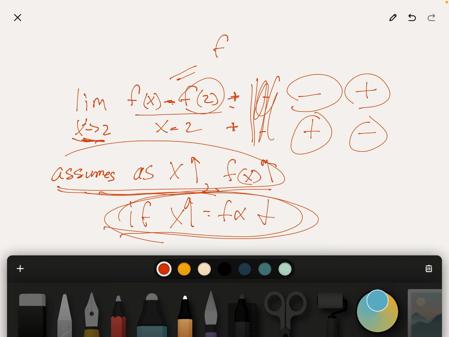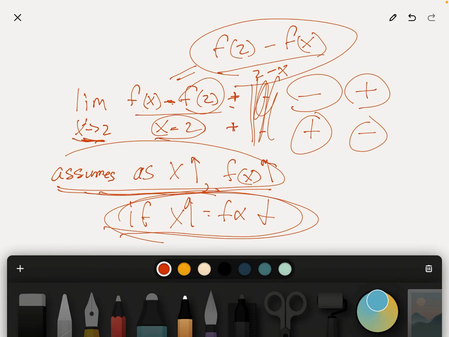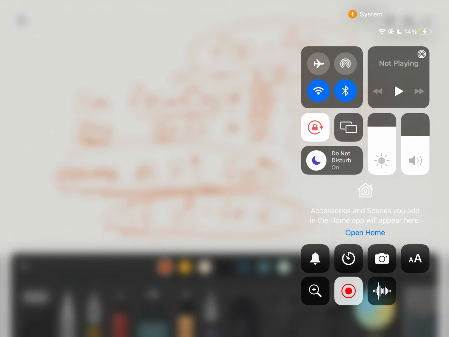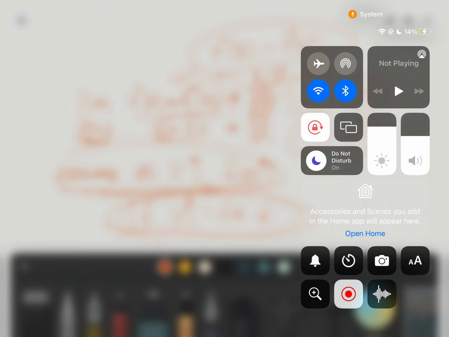So you change the sign of this term, this becomes f of 2 minus f of x, and you also have to change the sign of these two terms, so this becomes 2 minus x. But this would be an equivalent expression. End of clarifications.